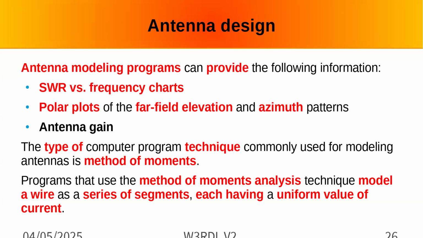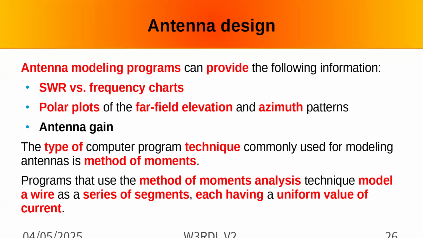You've got a marker you can move around on the plot. And one thing they all use, because they're basically all based on the NEC analyzer, wish I could remember the name of it, they use what's called method of moments.